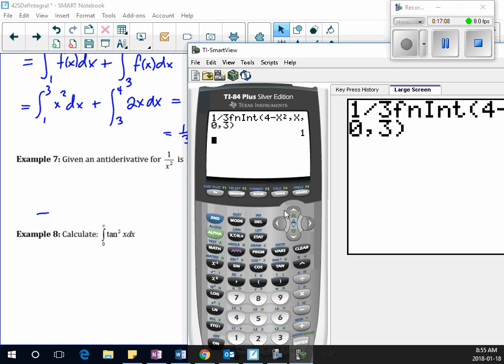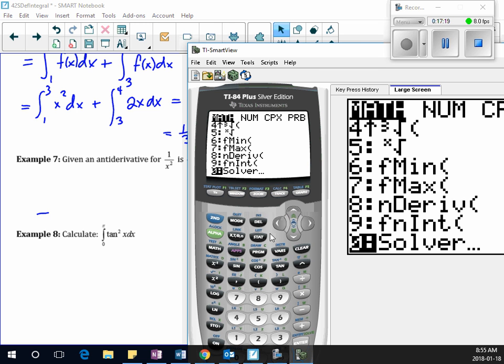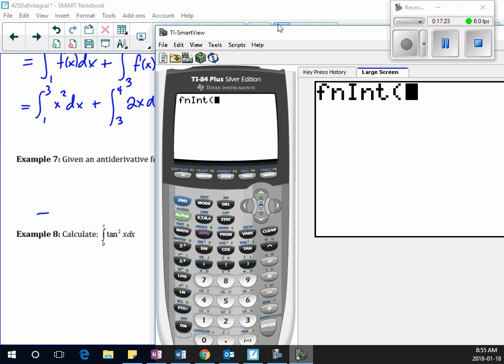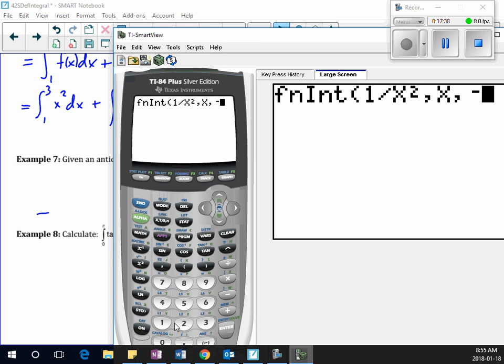We'll do the large screen here, and we are finding math 9, and we are doing 1 divided by x squared, comma, x, comma, it's going from negative 1 to 1.